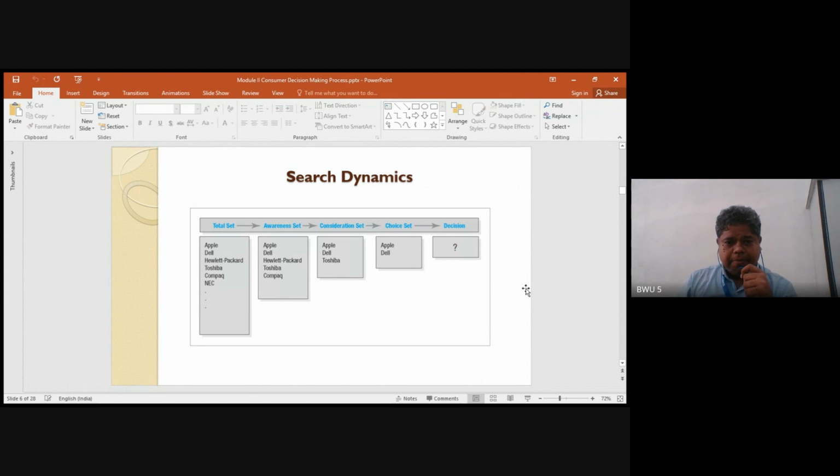Suppose for computer-oriented products, there are different brands available in the market, and among the available brands, we may be aware of some, not all. Suppose there are 1, 2, 3, 4, 5, 6, so 6 brands available, but we may be aware of 5 brands.